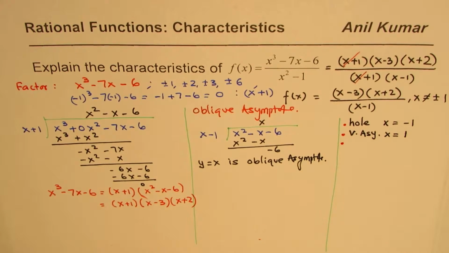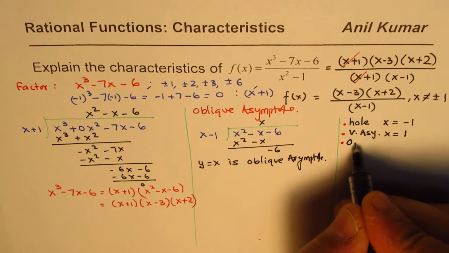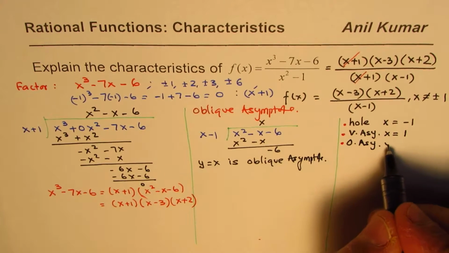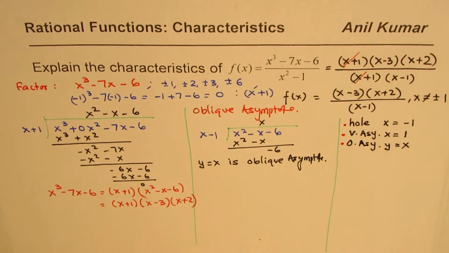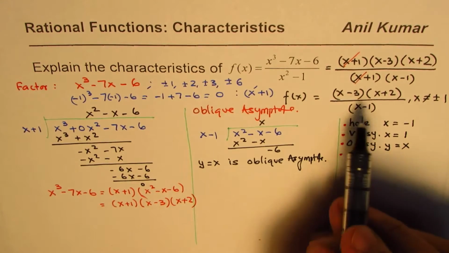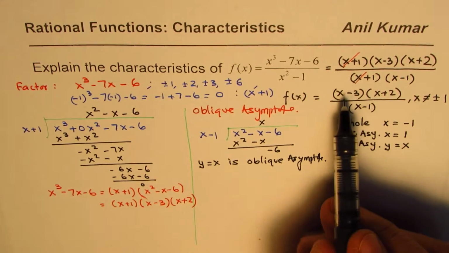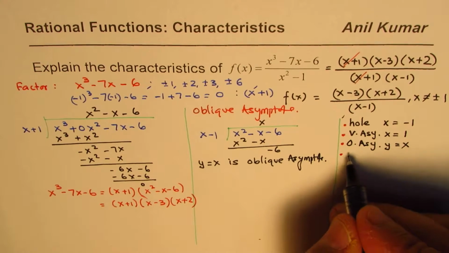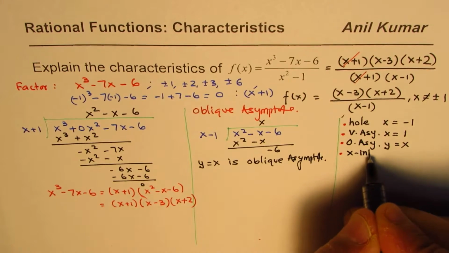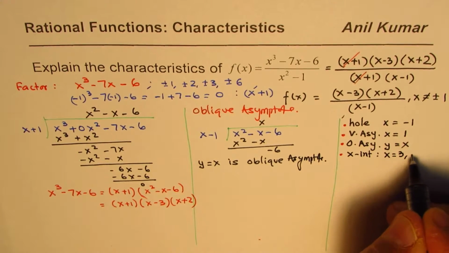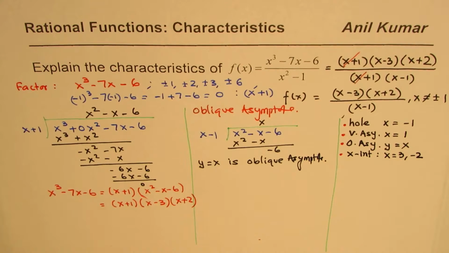Then we have an oblique asymptote at y equals x. How about the x-intercepts? Now if you look at this equation, the numerator will be 0 for x equals 3 and minus 2. So we can write x-intercepts at x equals 3 and at minus 2, correct? How about the y-intercept?